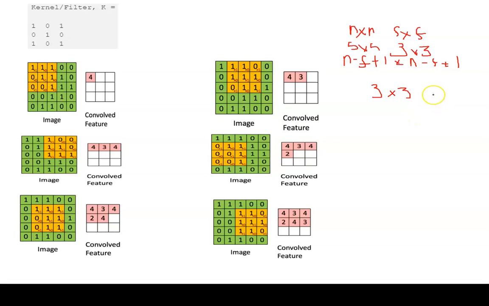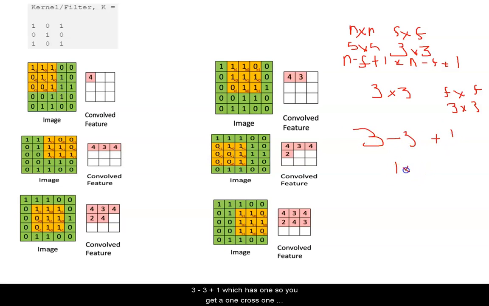Now again, when you apply the same f cross f filter, which is the 3 cross 3 filter, your image further shrinks to n minus f plus 1, which is 3 minus 3 plus 1, which is 1.